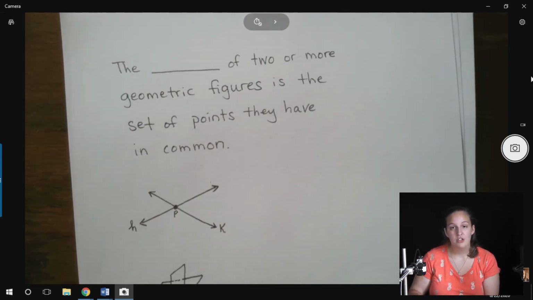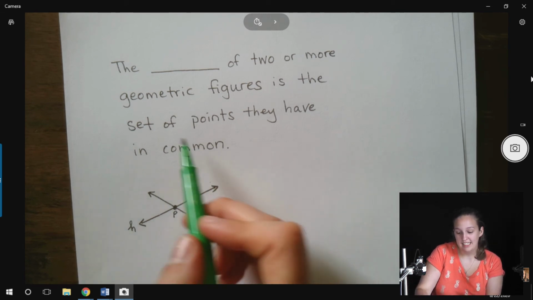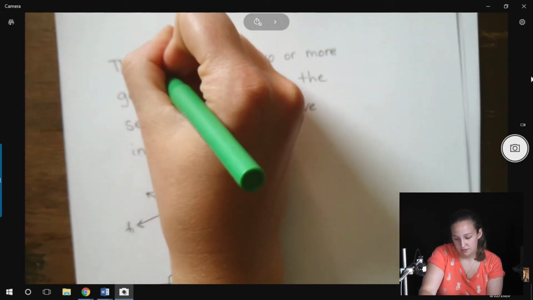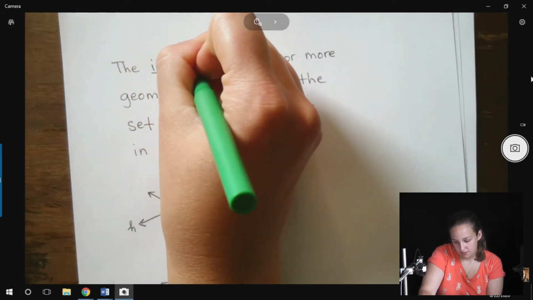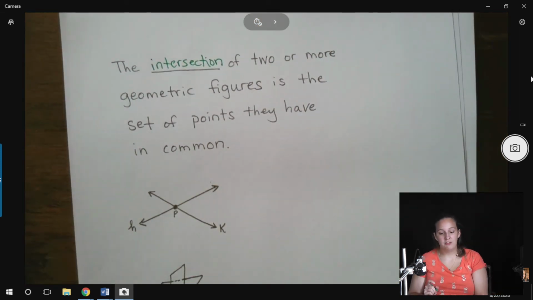If you have 2 or more geometric figures, points, lines, planes, any of that stuff, and they overlap each other, the intersection is the set of points they have in common. The intersection of 2 or more geometric figures is the set of points they have in common.